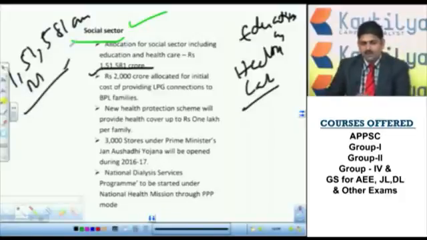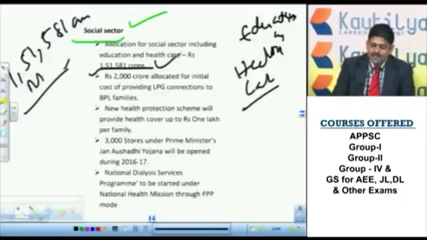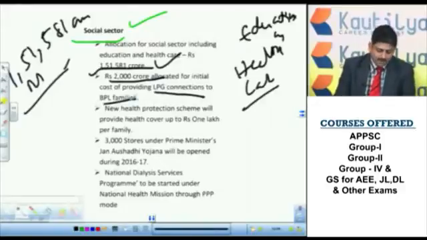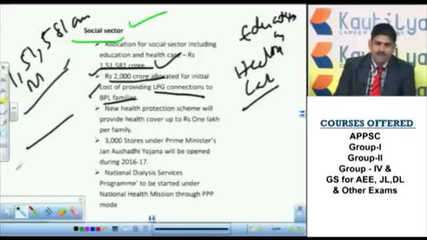This total budget allocation was made for these two sectors. Now, 200 crore is the cost of providing LPG connections to below poverty line families. Here you have to see what the poverty line is. That is an economic issue where BPL was defined under different parameters.